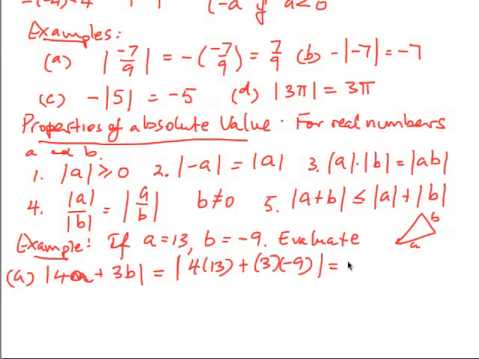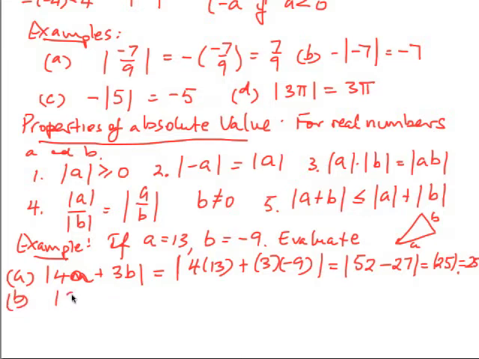So this would be the absolute value of 52 minus 27. And that will be 25. The absolute value of 25, of course, is 25.